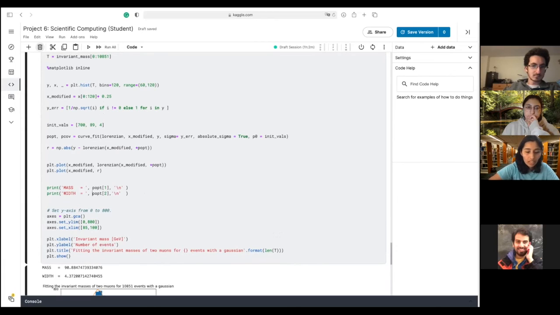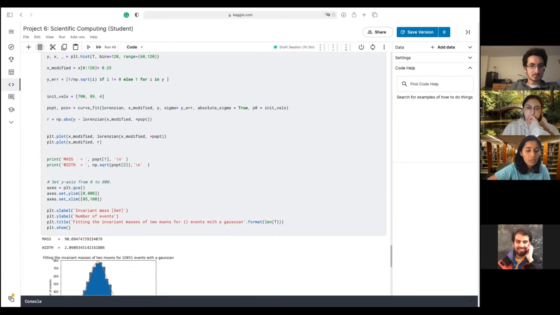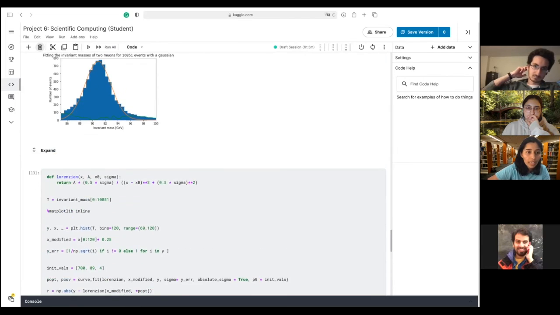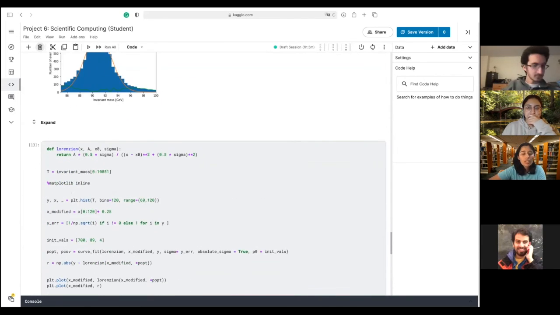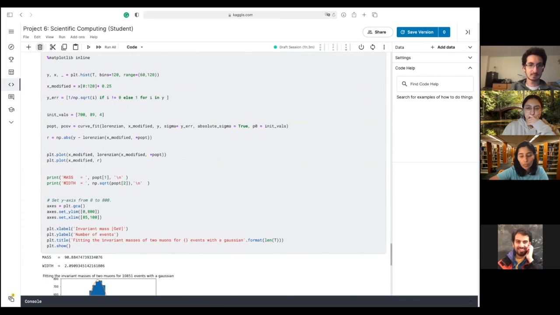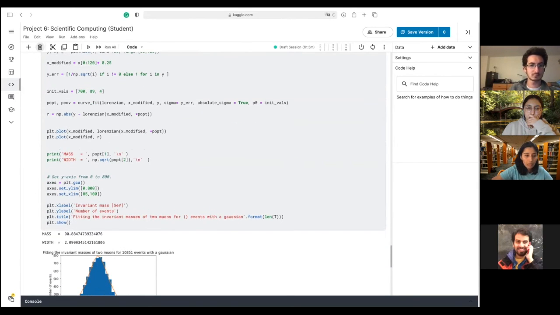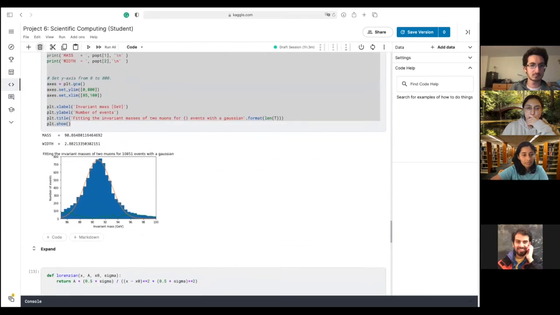So I do np.sqrt. So the width here is 2.09 and the width here is 2.88. So there is a small discrepancy in the width. That means we're probably not estimating the width that well, but the mass predictions are pretty robust.